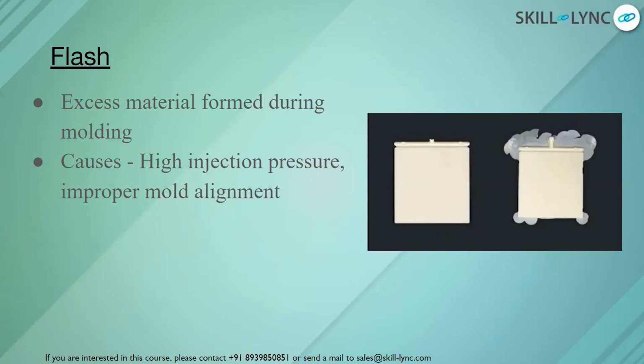Since the clamping pressure is not enough compared to the injection pressure, this pressure makes the plastic eject out through the small gaps available in the parting surface. Then we have extra material, generally called flash. So we need to perform an additional operation to trim off these additional surfaces. This is what we call flash.